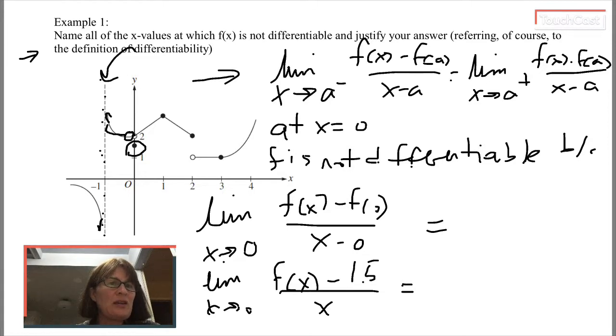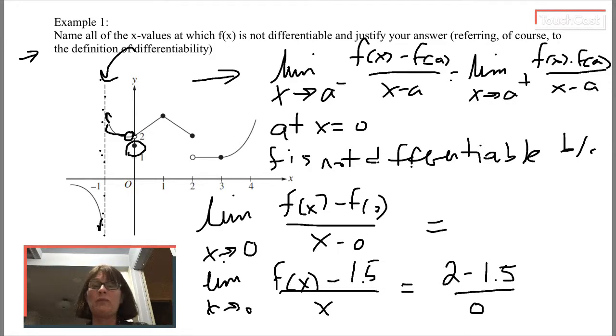This is going to be 2 minus 1.5 over 0, which is not defined, but nor is it an indeterminate form. And remember, we can only continue to investigate a limit problem if I have a 0 over 0 problem, or some other indeterminate forms we're going to talk about in chapter 9.